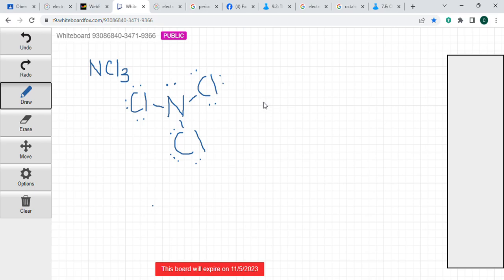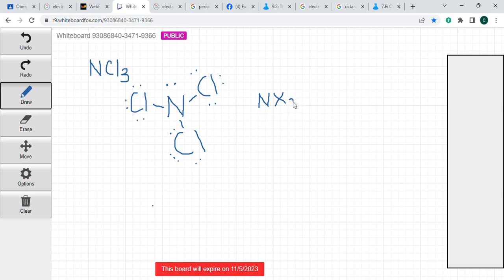So here the designation is A, or let's use the central atom, so it's N, and X. X is the number of bonding pairs, and the number of bonding pairs is 3.